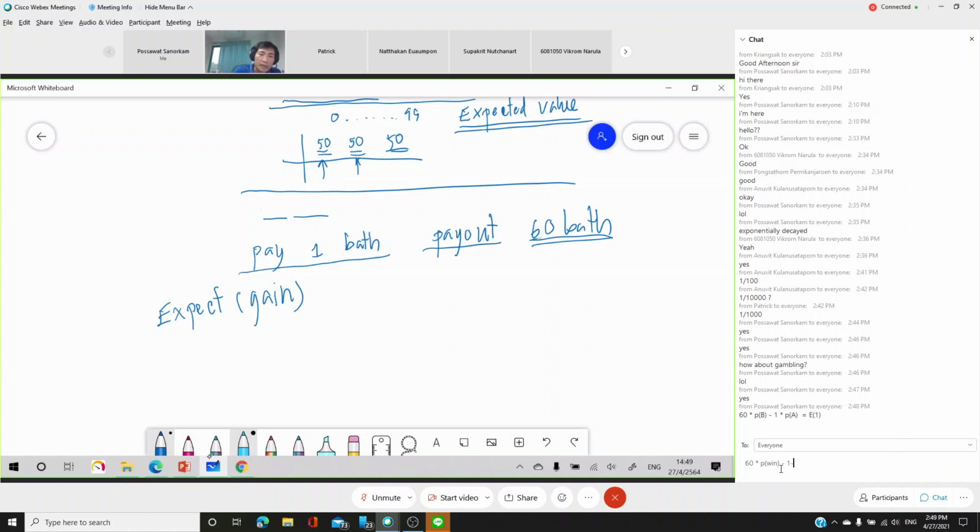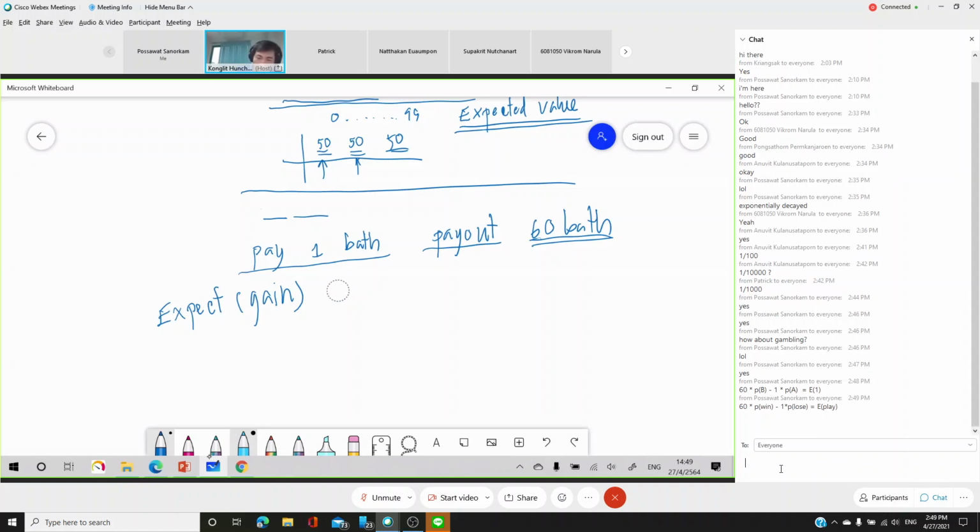What's the expected gain after you make the bet like 100 times?